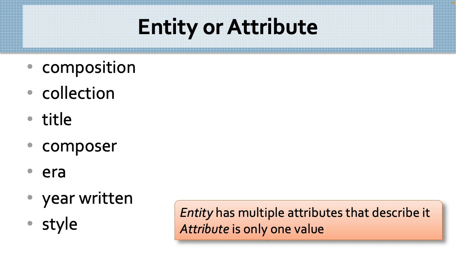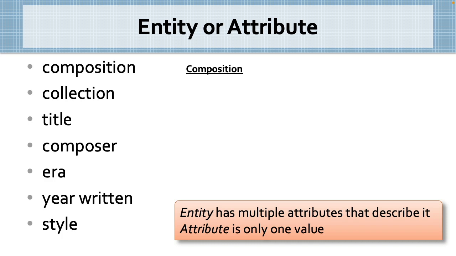First up is composition. When you think about a specific classical music composition, like Beethoven's Fifth Symphony, for example, are there multiple attributes that come to mind that describe it, or just one value? There are multiple data values that describe a composition: its title, its composer, the year it was written, etc. Therefore, composition is an entity and will deserve its own table in the database.